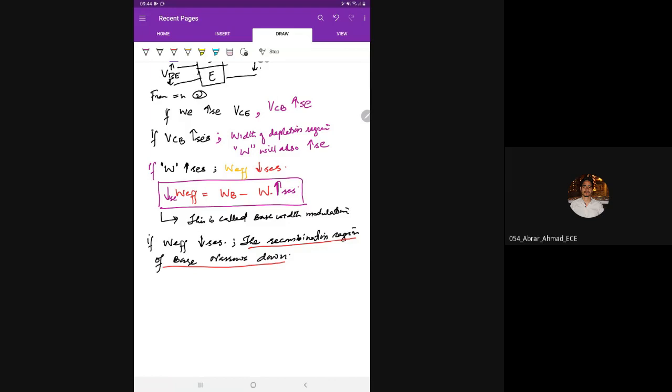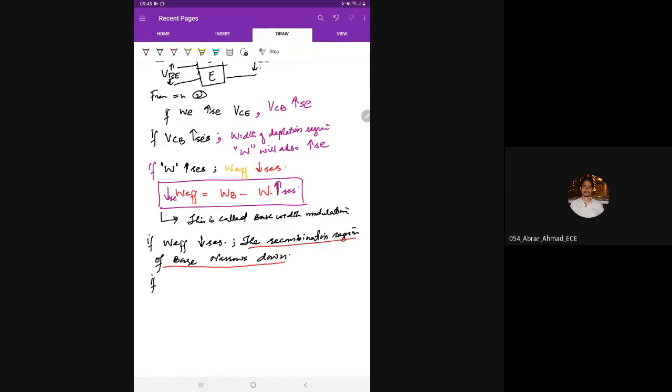Now it means that when the recombination region of the base narrows down, the base current will not be that much stronger. It will be further weaker. That will also decrease. Okay, because the recombination region is small now, and base current is only recombination current, so base current will decrease.